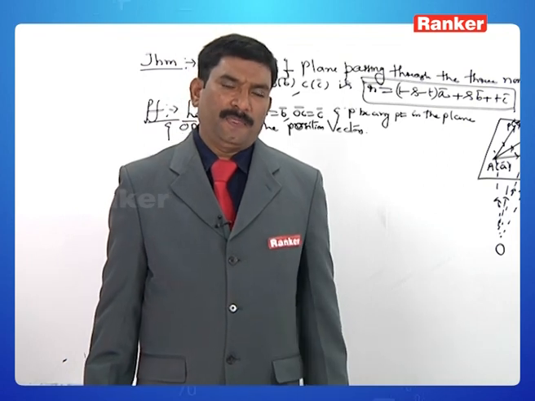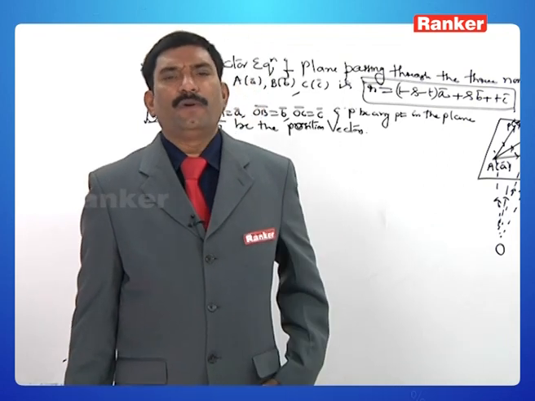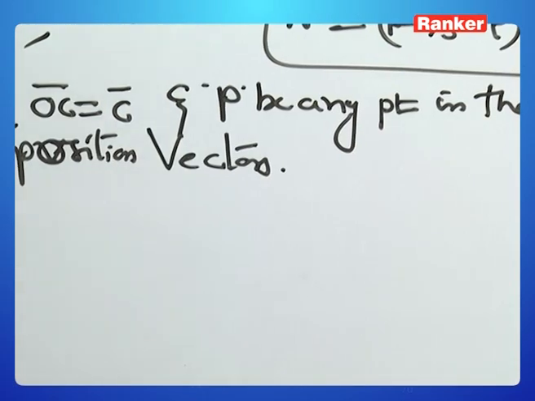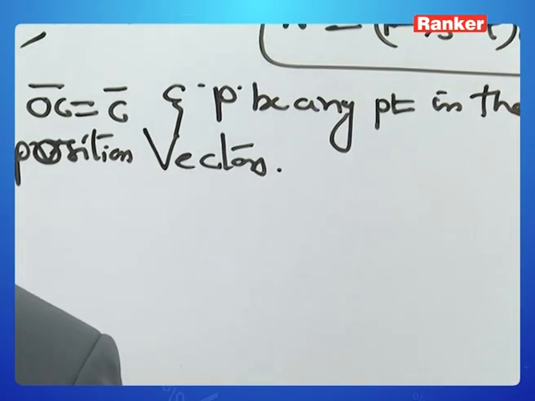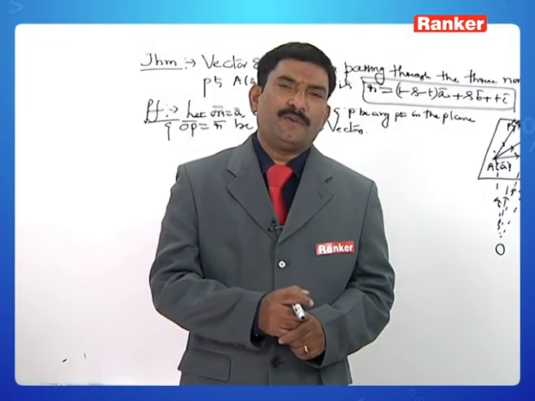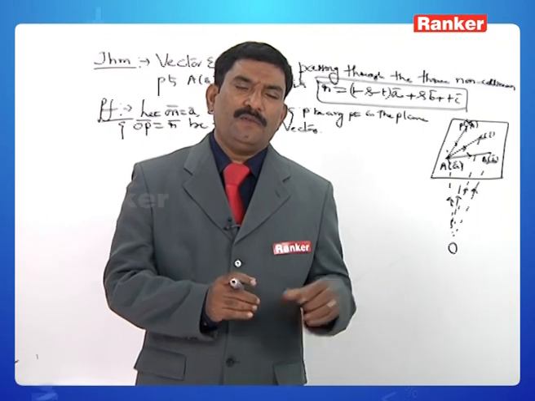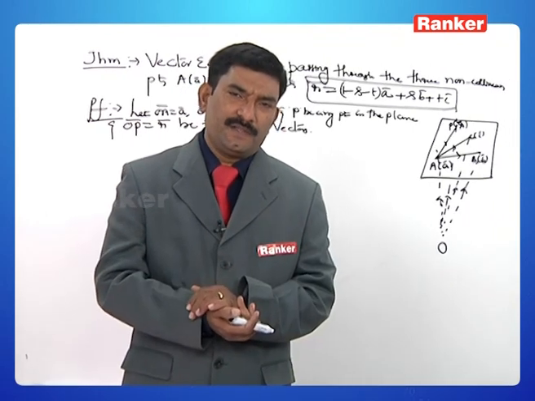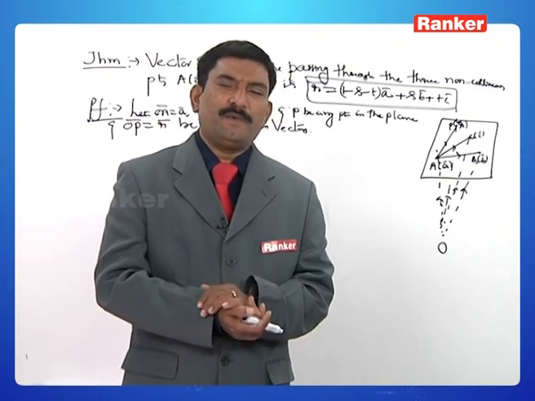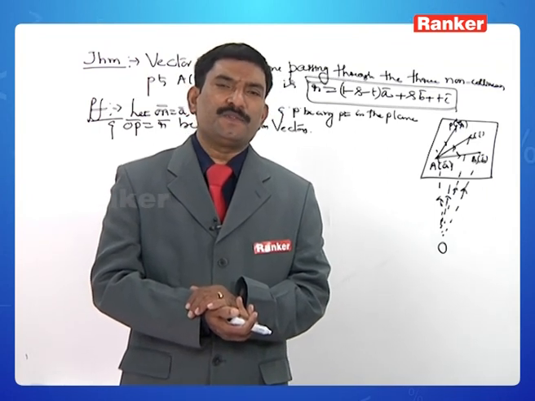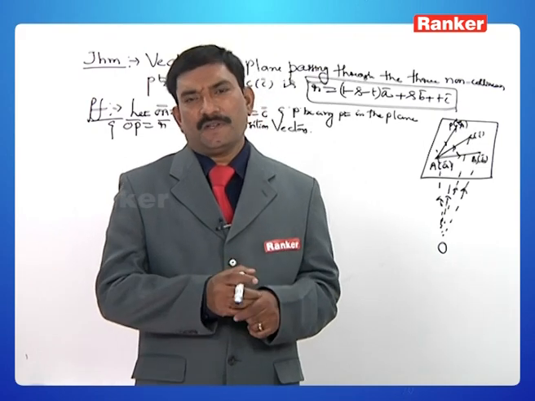As I told already, whenever you are given with the points, if you want to prove them as coplanar, you have to construct into vectors. Now we have 4 points, given 3 points, A bar, B bar, C bar, and P is an unknown that we are supposed to find out as a plane equation.